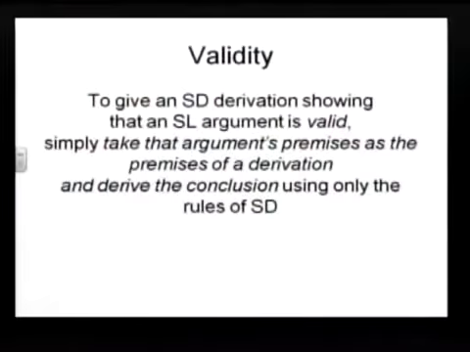There are, first of all, a number of different tasks that you're asked to do in the exercises, in the derivations in sentence logic SD. And they're not different from the sorts of things we started talking about in week 1, turning to the basic concepts of logic. We talked about validity and logical truth and logical falsity and inconsistency and all those things.